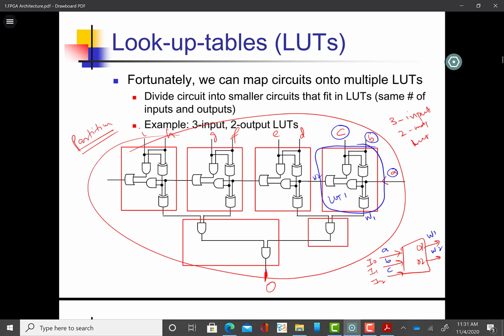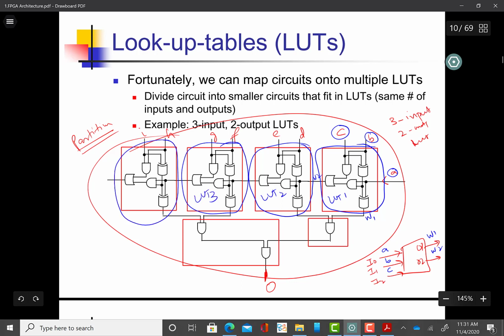Similarly, I can combine these gates and call this LUT 2, these LUT 3, these LUT 4, these LUT number 5. And I can combine this single one and call it LUT 6.